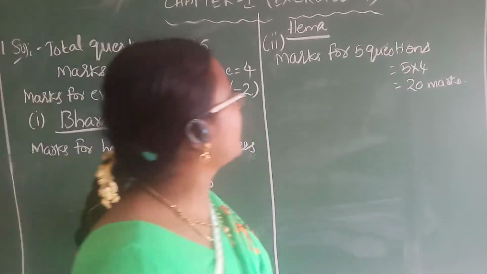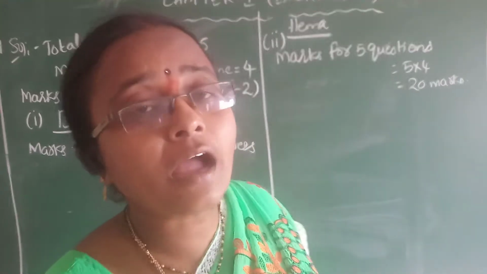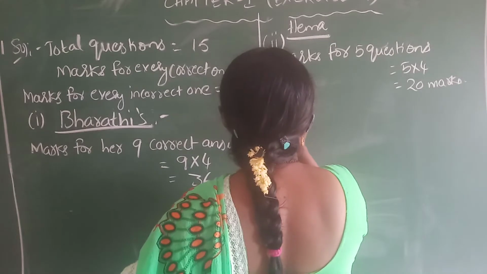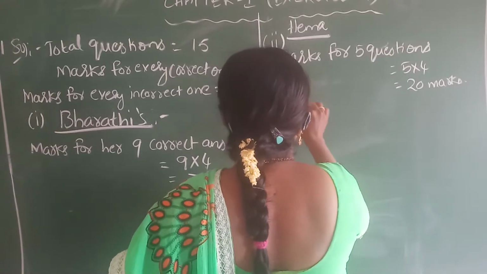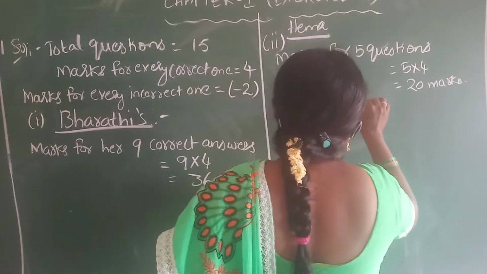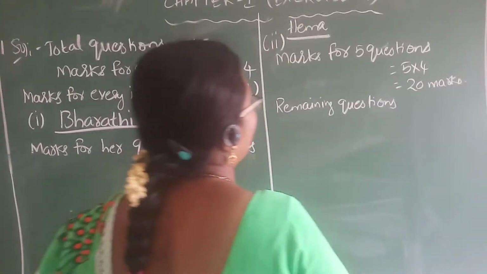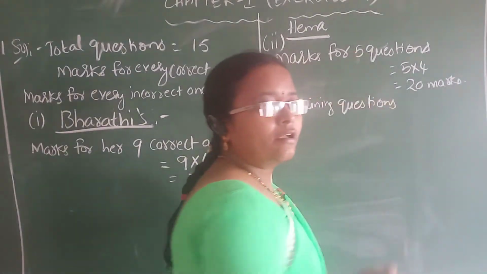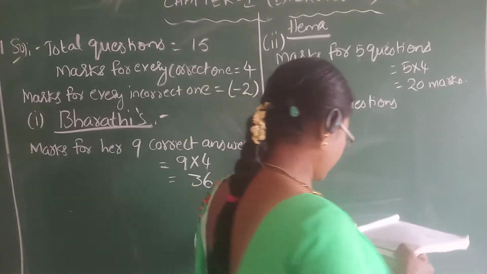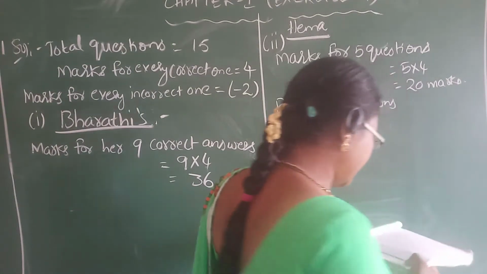So, what are these 5 questions? Among these 5 are correct and the remaining are not attempted. How many total questions are there? 15 are there. Among those, only 5 are correct. So, for the remaining questions she did not attempt anything.